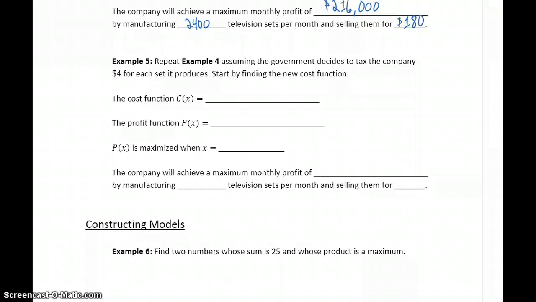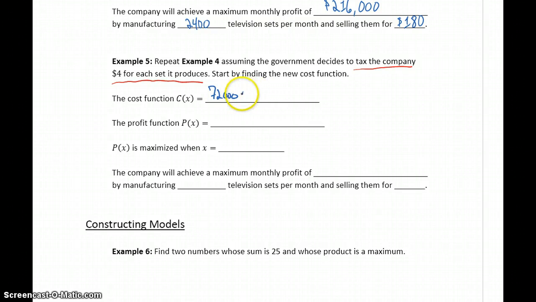In example 5, we're building on that problem, but what we have is some additional information. So everything from example 4 still holds, but now the government is deciding to tax our company $4 for each set it produces. So we want to first look at how does that affect our cost function.